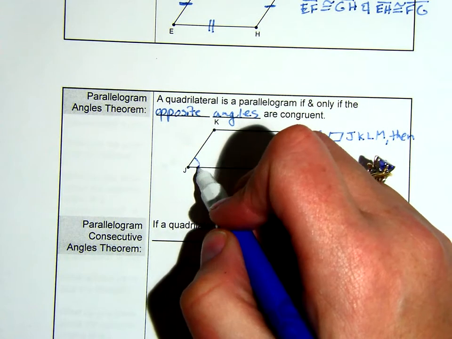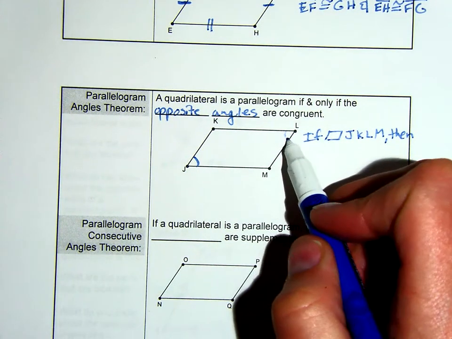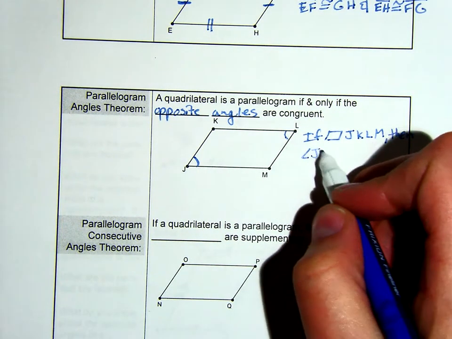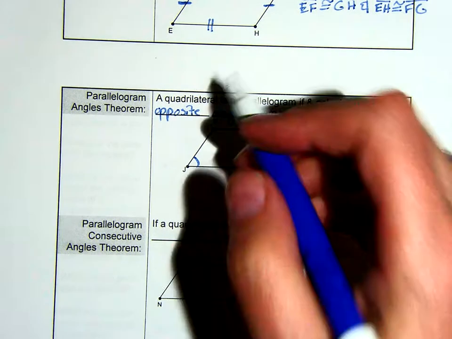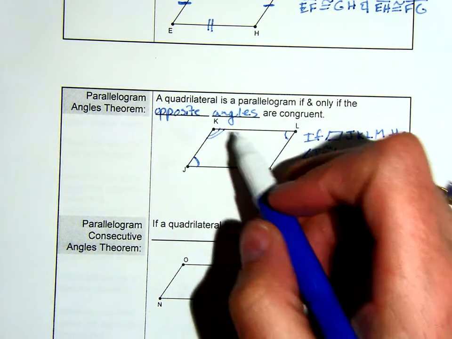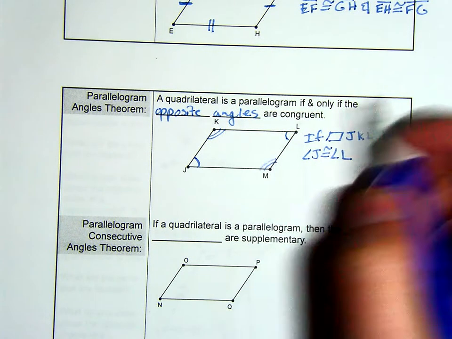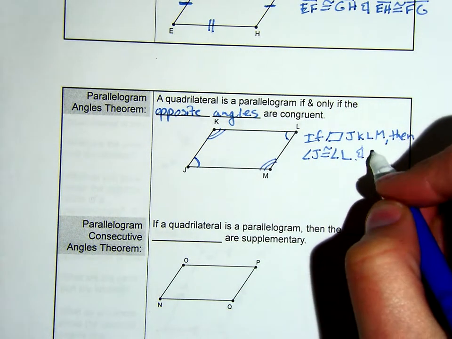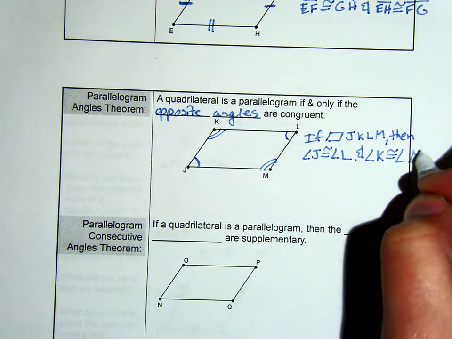So angle J is what I'm going to start with. Opposite of angle J is angle L. So angle J has to be congruent to angle L. Angle K has to be congruent to the angle opposite, which is angle M. So angle K has to also be congruent to angle M.